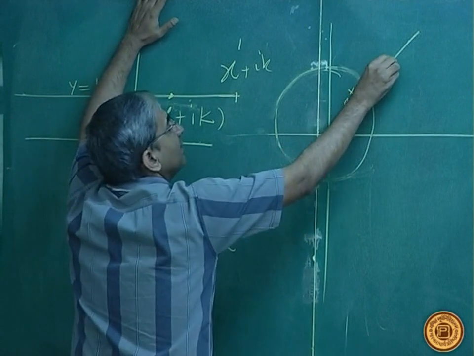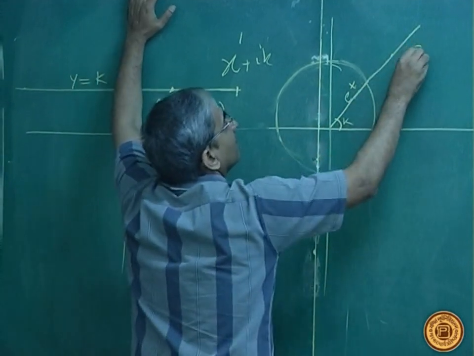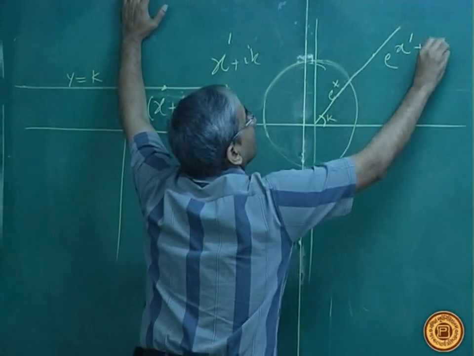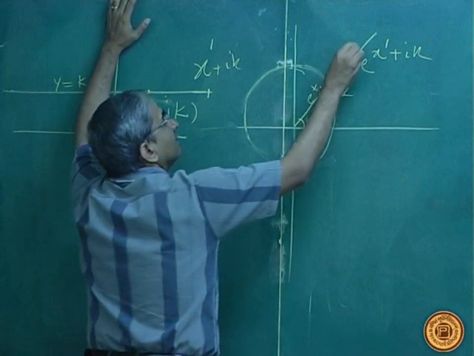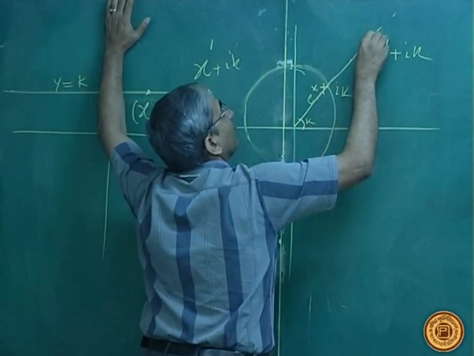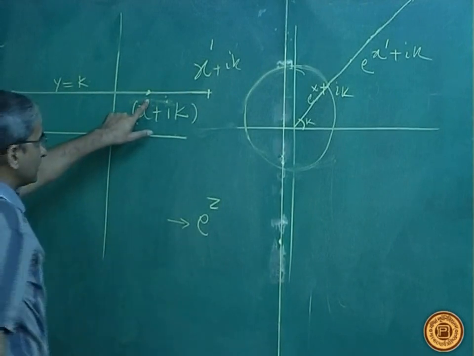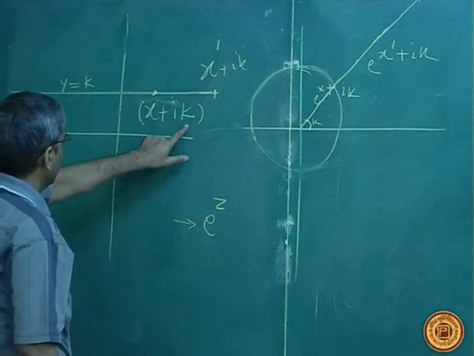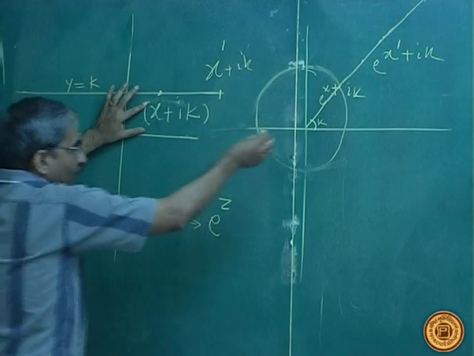So this will be e to the power x dash plus ik. This is e to the power x plus ik. So you will keep getting points on this ray. See again, this point is x plus ik. So e to the power this will have argument k, which is fixed now.